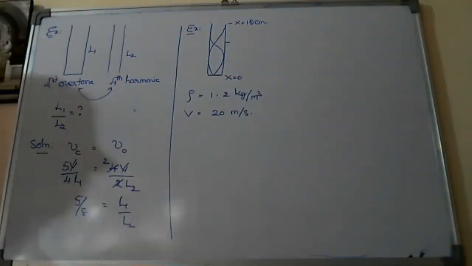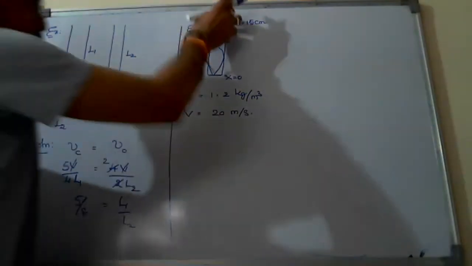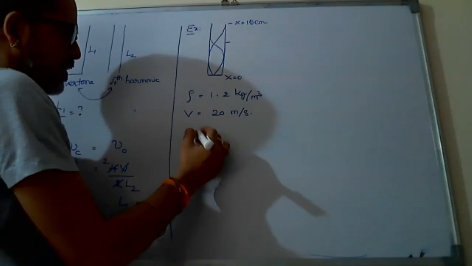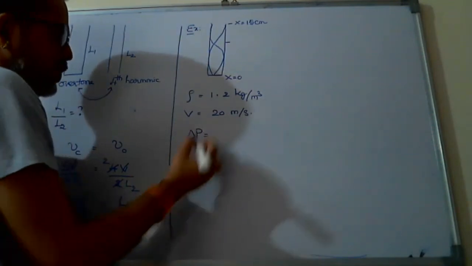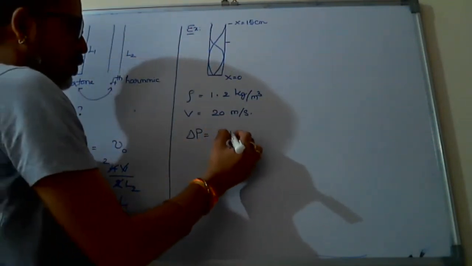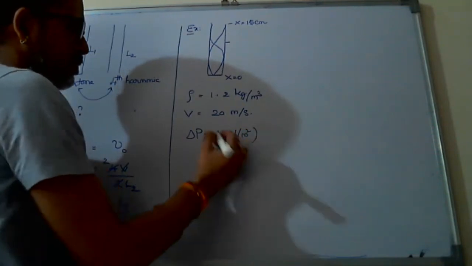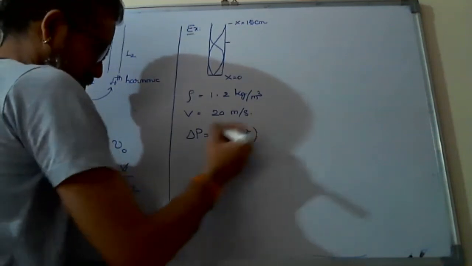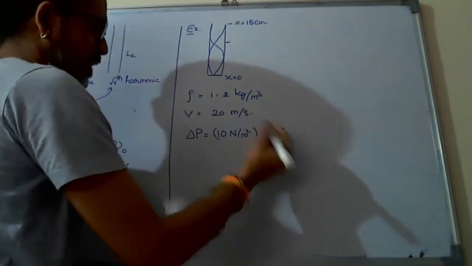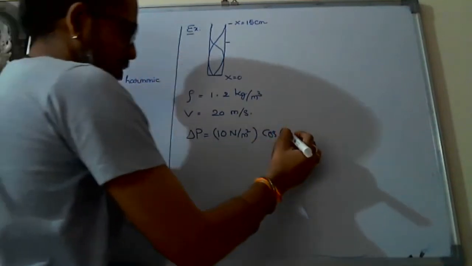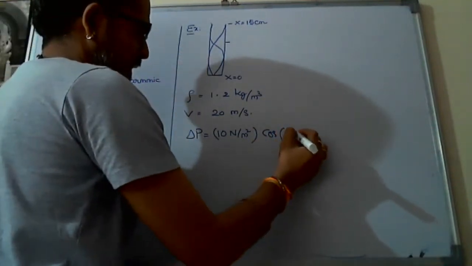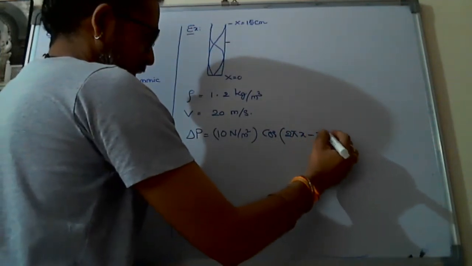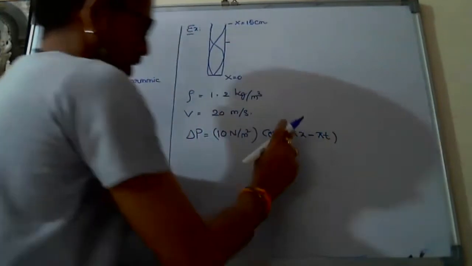And the pressure variation equation is delta P equals 10 Newton per meter square into cos of kx minus omega t.